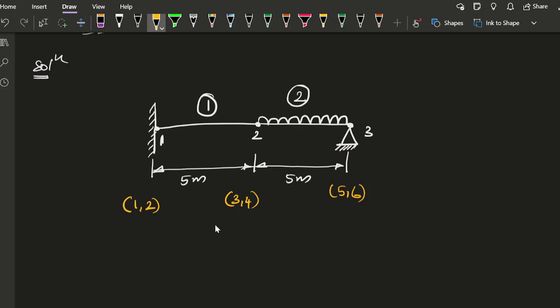So as I mentioned, in beam element, each node will have deflection and forces. This can be written in terms of deflection and slope: W1, W2, W3, W4, W5, W6. So these represent deflection and slope.